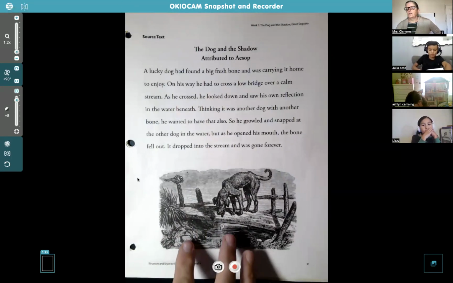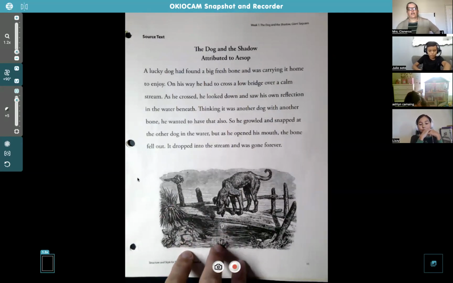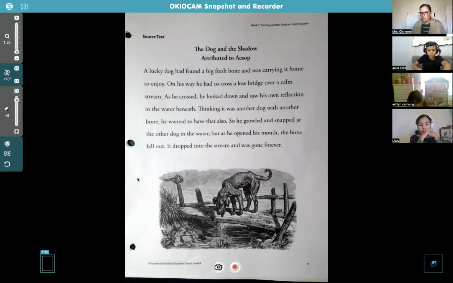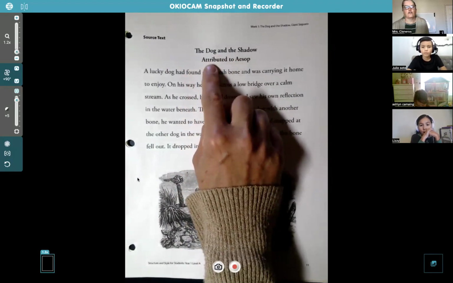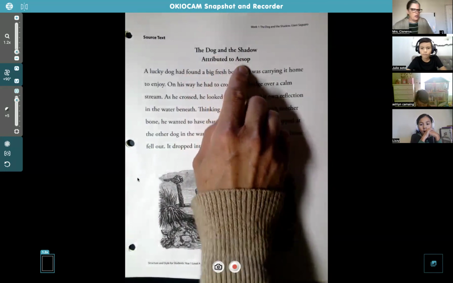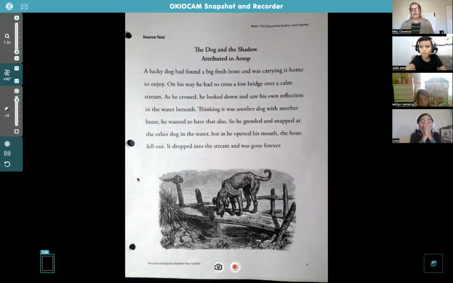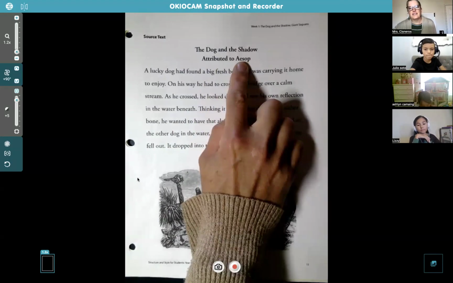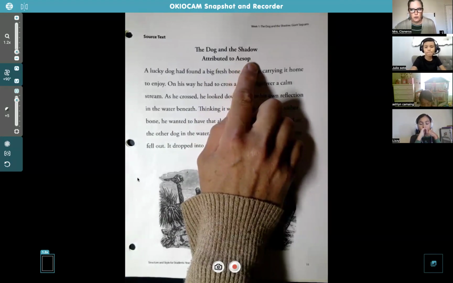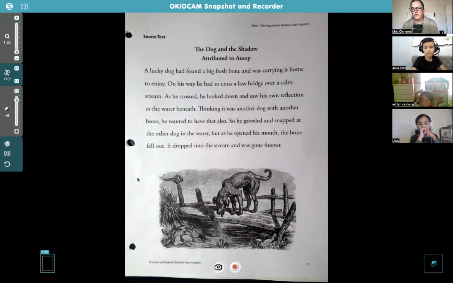All right. So here's the dog in the shadow. This is a story that says the dog and the shadow, and it says attributed to Aesop. Attributed to Aesop just means that this was originally written by Aesop. It's a type of fable. Have you ever heard the word fable before? Oh, good. Ashlyn has.